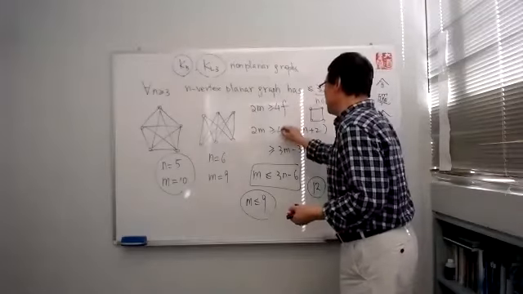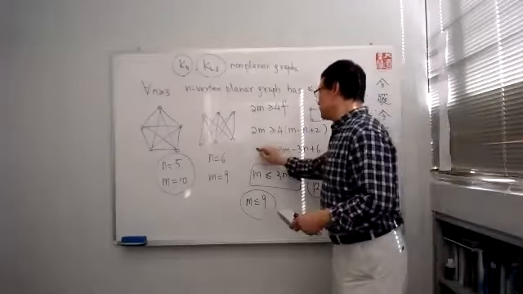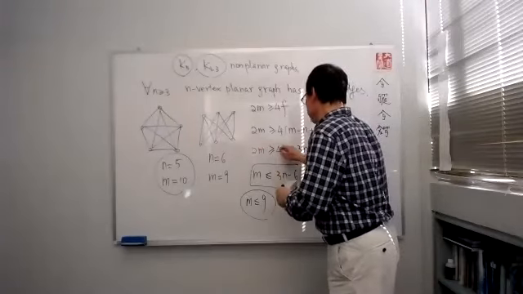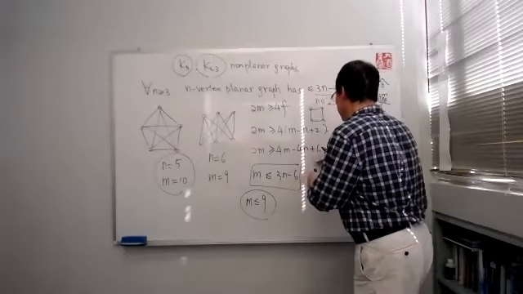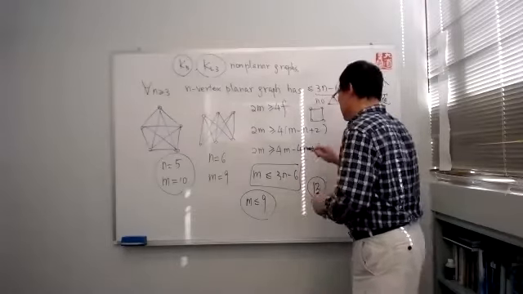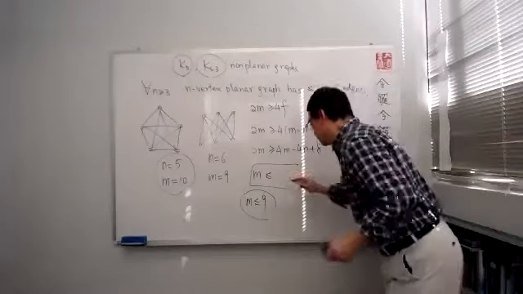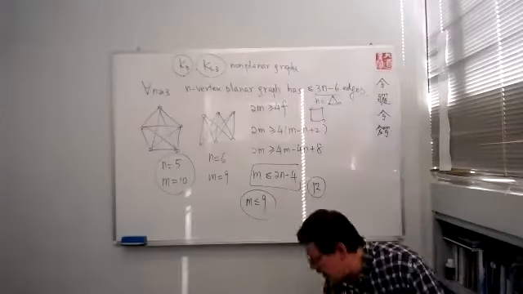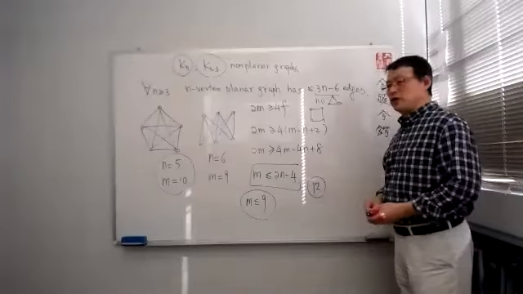Here is 4. Here 2m, that will be 4. Here becomes 8. So then this one becomes 2n minus 4. Okay. So instead of 3n minus 6, we get 2n minus 4.